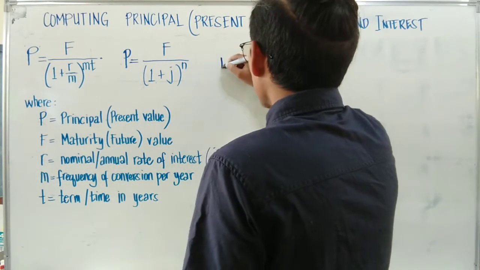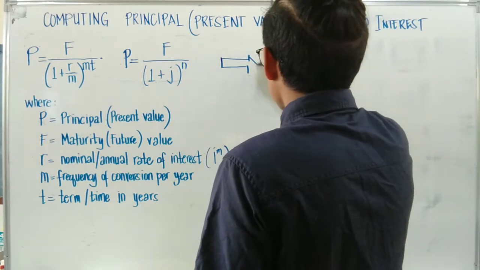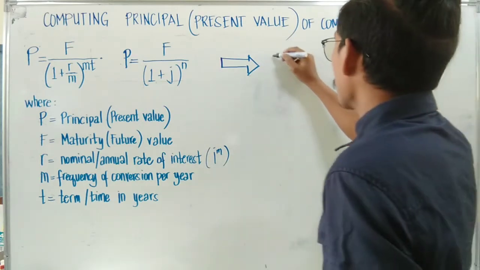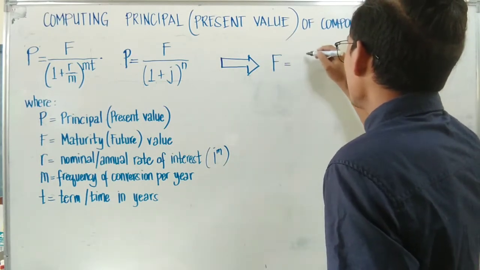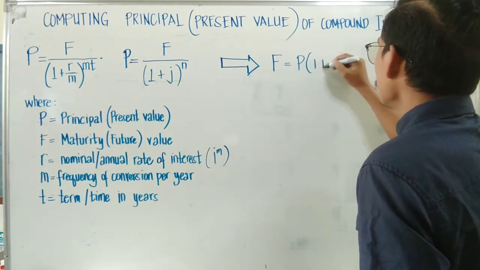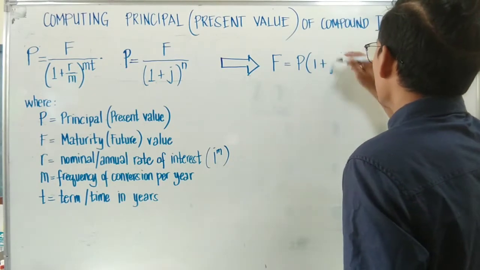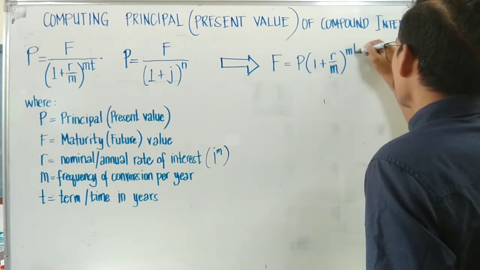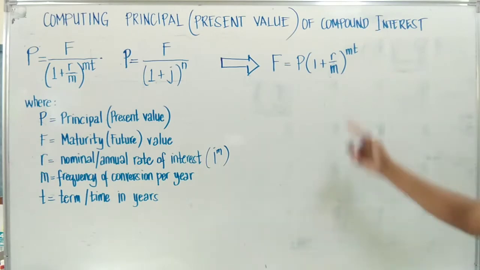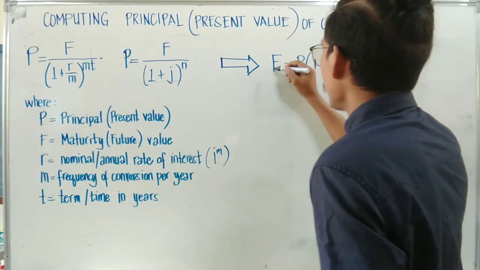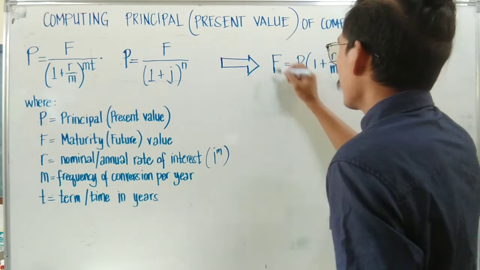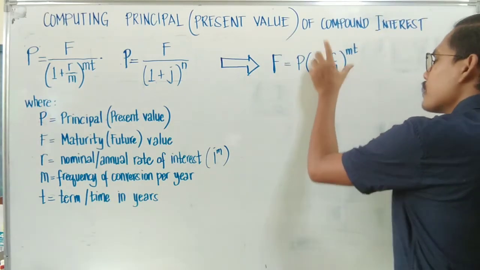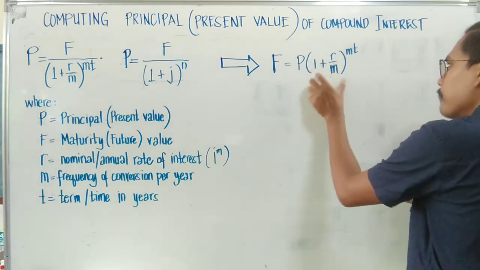Okay, so going back to the original equation, it is from the formula of your future value, F equals P times the quantity of 1 plus R over M raised to MT. So from this one that we have computed on the other videos, we have your future value equals the principal times the quantity of 1 plus R over M raised to MT.